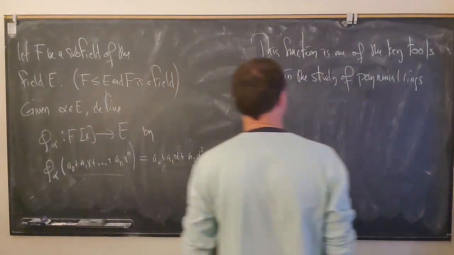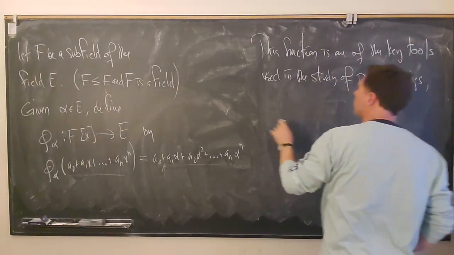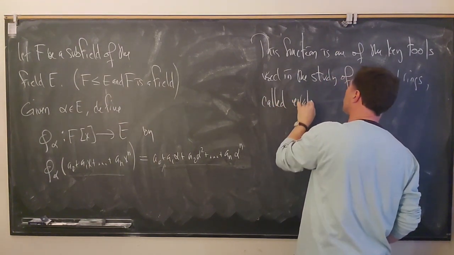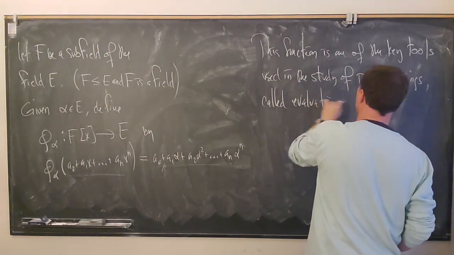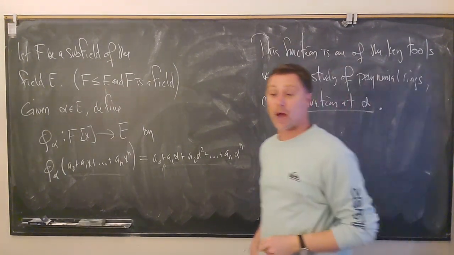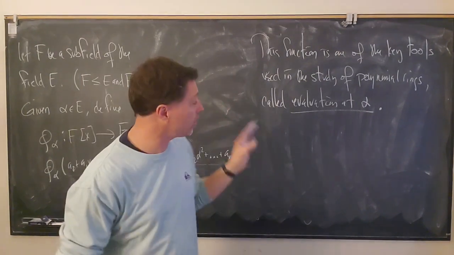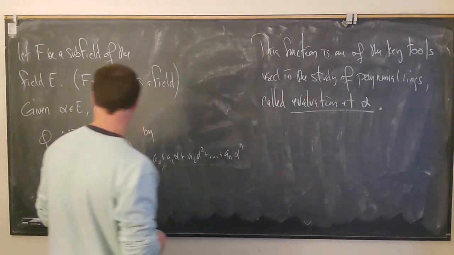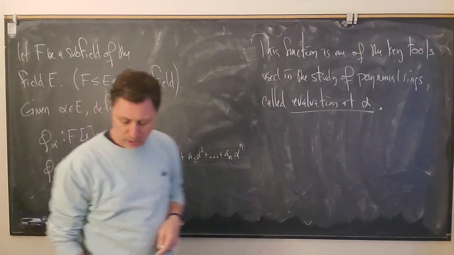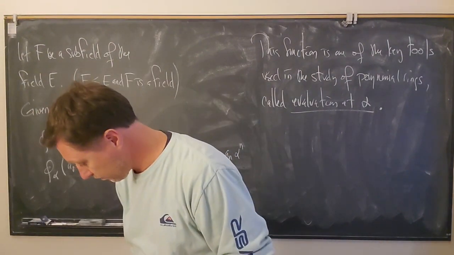It has a special name, so it's called evaluation at alpha. I think I mentioned earlier on that these evaluation maps are important, and here is a very important evaluation map. Anytime we have this setup, we can create this evaluation map right here, and we'll definitely make use of this.